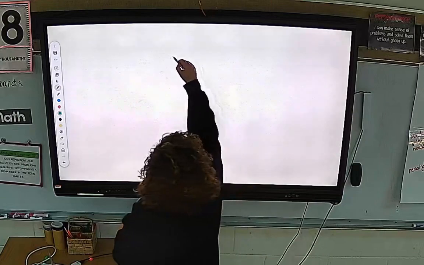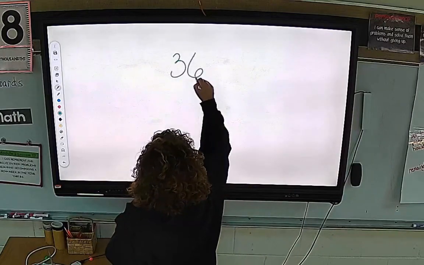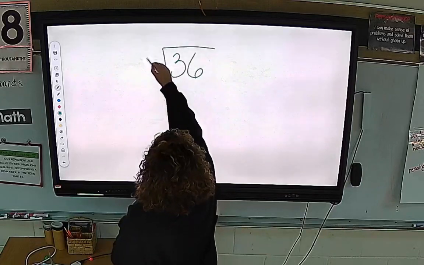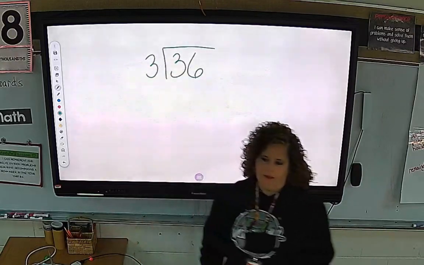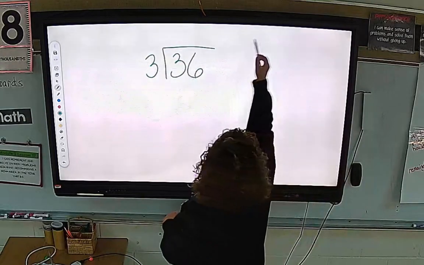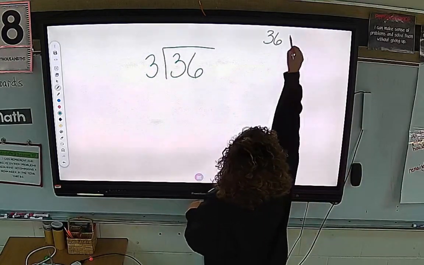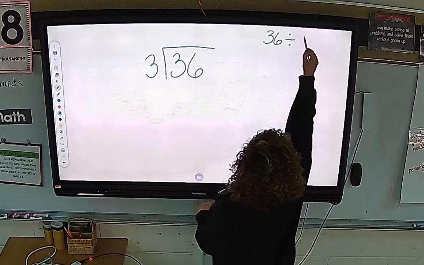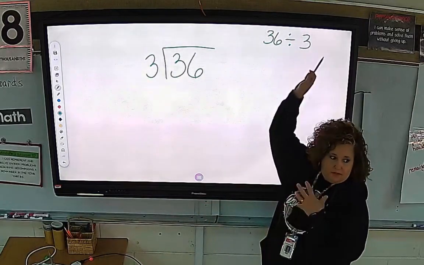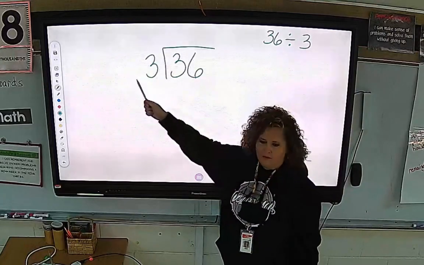Alright, so if we have 36, watch how I write this, 36 divided by 3. Remember, this is the same as 36 divided by 3. But because this number is first when you read it this way, people sometimes want to put that number on the outside.